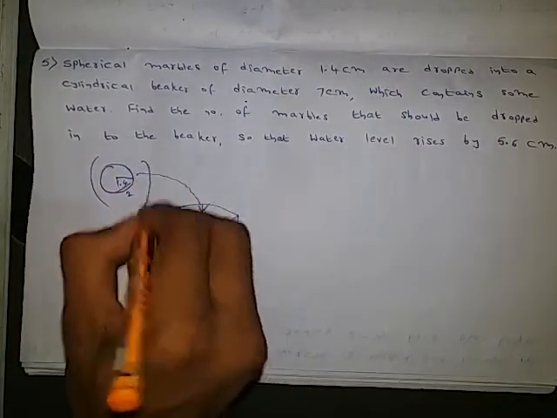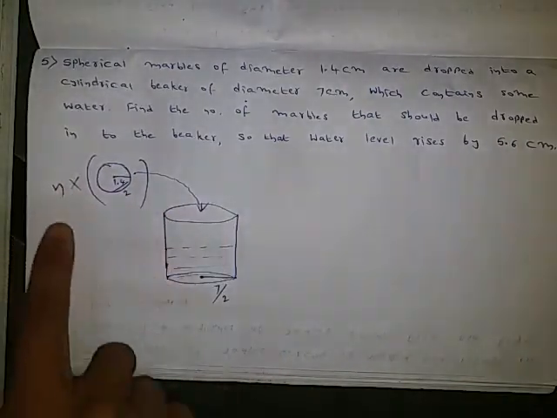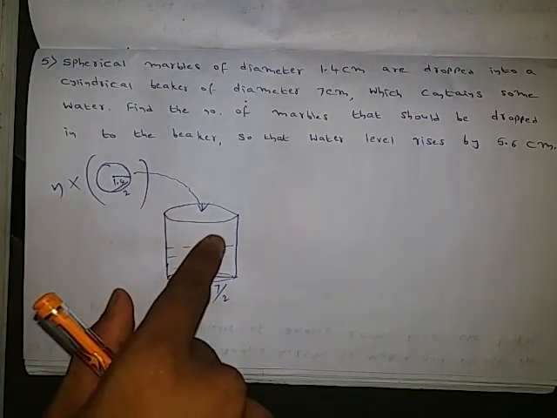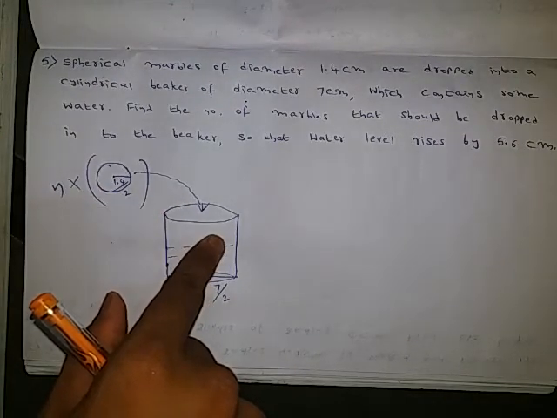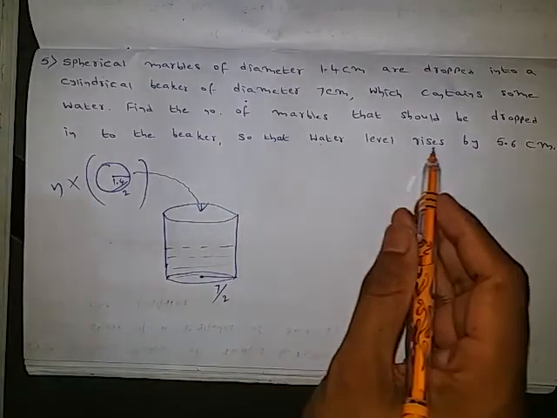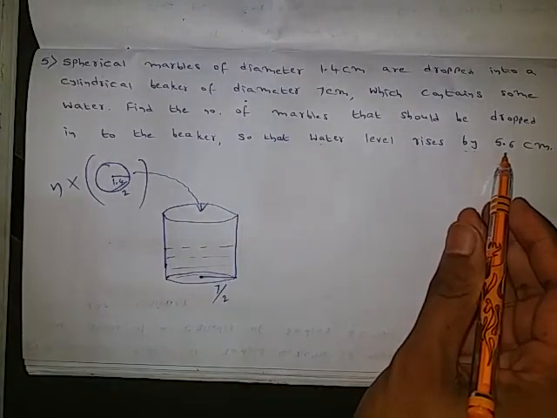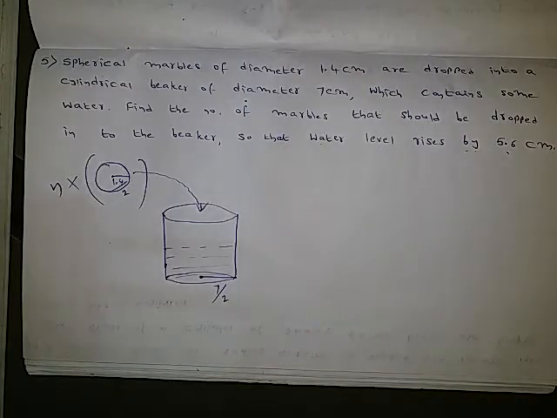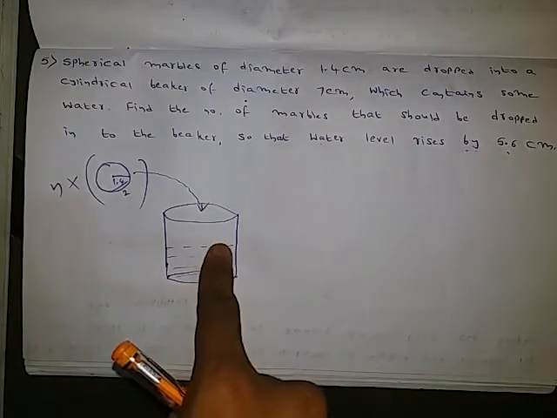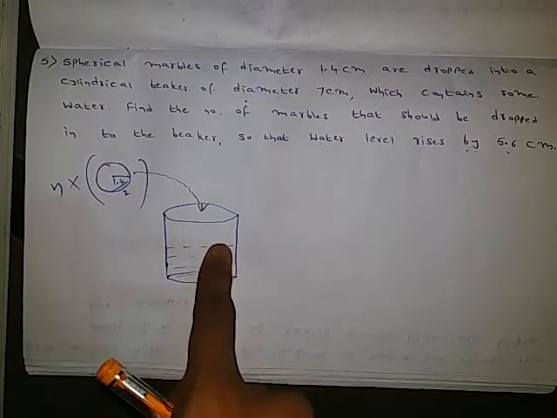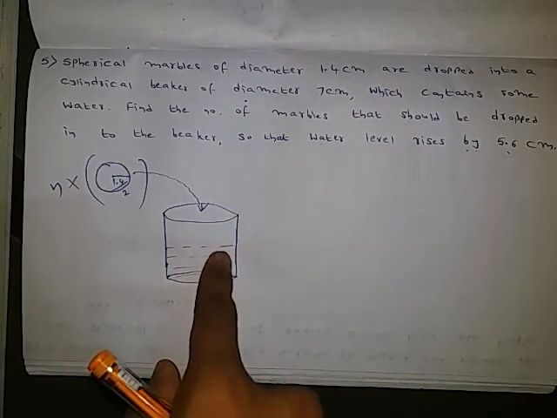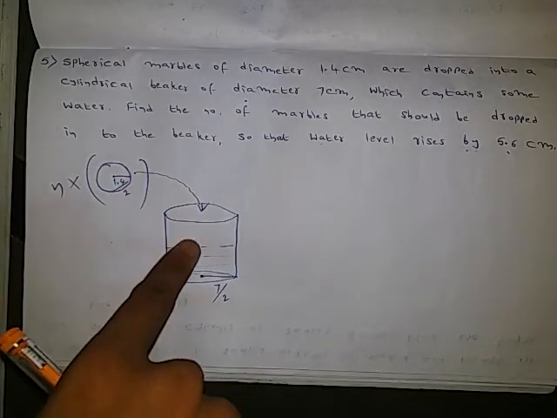So how many spherical marbles we need to drop into this cylinder so that the water level rises by 5.6 centimeters. We have one cylinder in which some water is there. Into that cylinder we are dropping some spherical marbles.